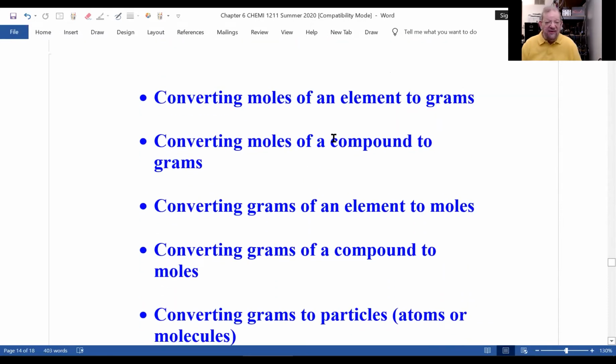Now, let's do some calculations converting from moles of an element to grams, moles of a compound to grams, and vice versa, grams of an element to moles of that element, and grams of a compound to moles of that compound.